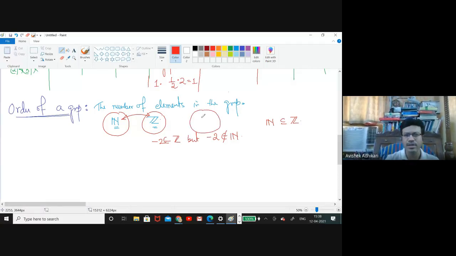For example, if I consider R, the set of all real numbers, then you can certainly say that this must be bigger than all these sets. R must be bigger than both N and Z, and intuitively you may think that R must have more elements than the number of elements present in Z or even N.